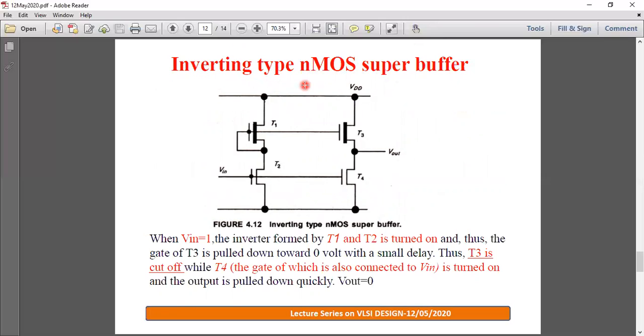So first, we'll study inverting type NMOS super buffer. So consider Vin equals to 1. So when Vin is 1, T4 on, T2 on, when input is 1. T1 is also on since it is a depletion device.